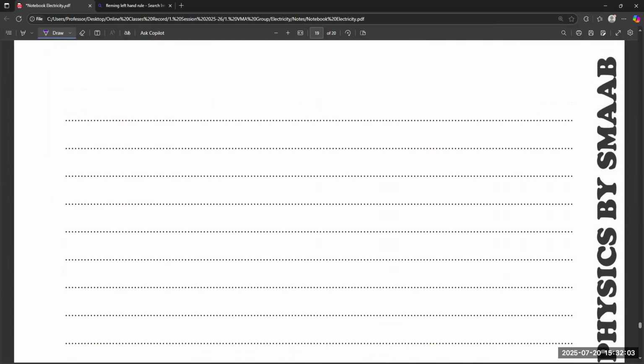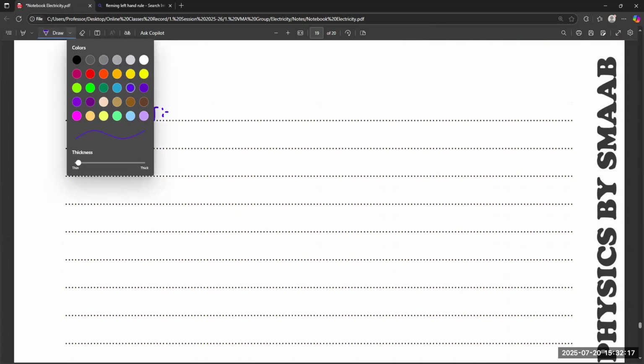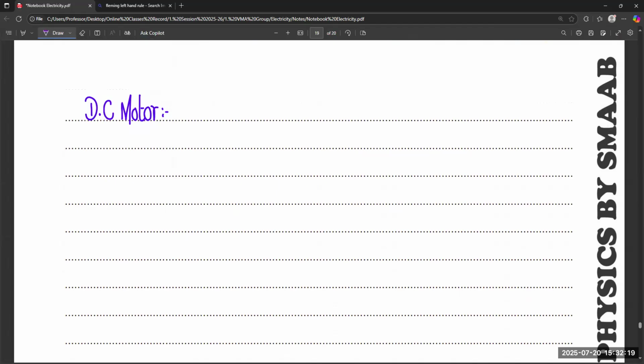DC motor. So again, we consider the magnetic poles first.